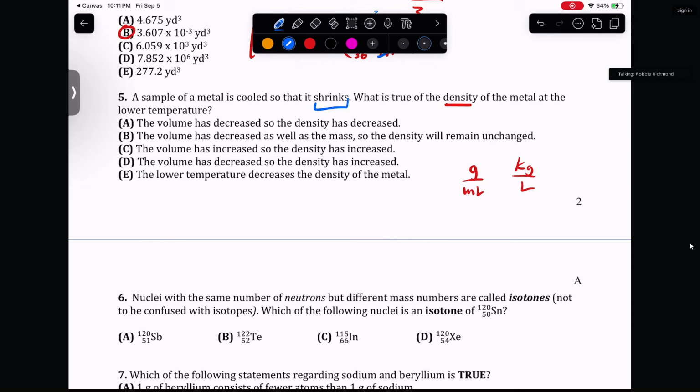So if we have mass and volume, this is going to be great. This is before cooling, by the way. And then we cool it. Let's say the volume shrinks by half, but we maintain the same mass. Just because the volume shrank, the true density of that metal has increased because the volume decreased.